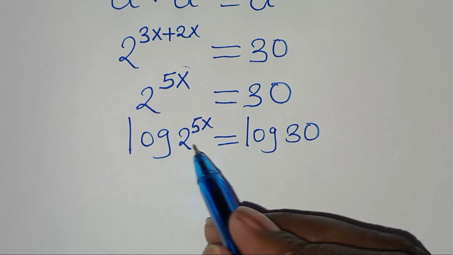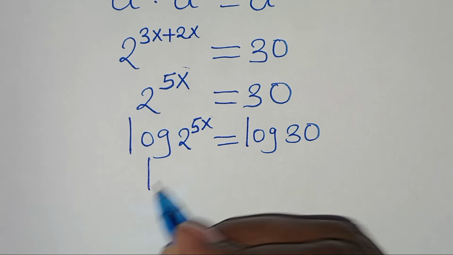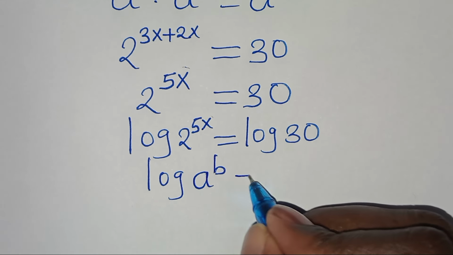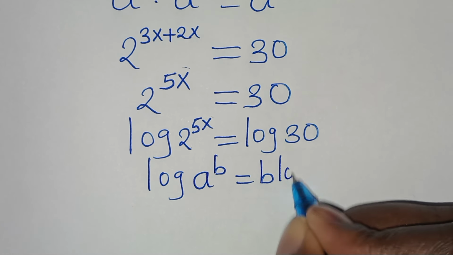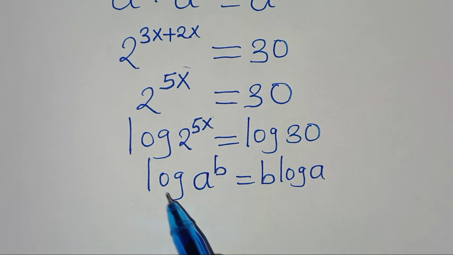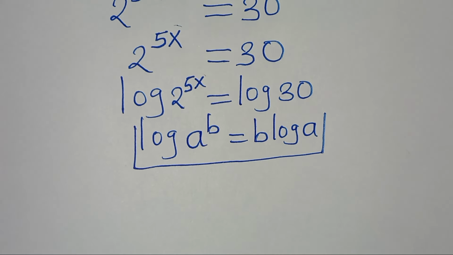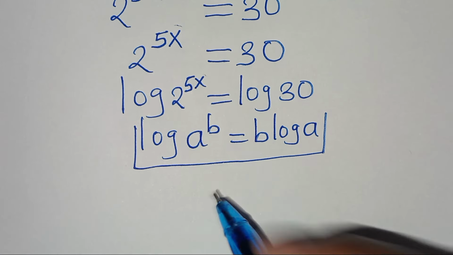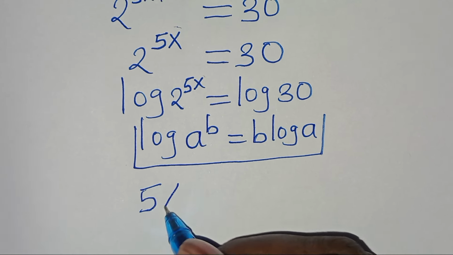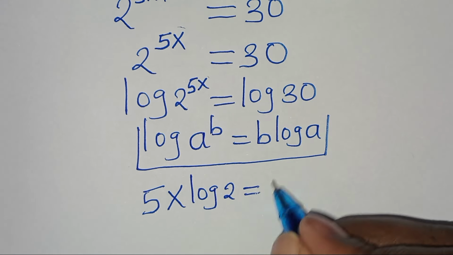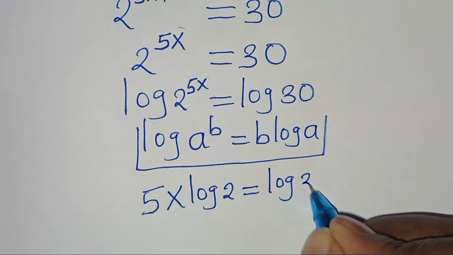Now, log 2 to the power of 5x, this is in the form of log a to the power of b, which can be expressed as b log a. Now, applying this logarithm property, then you find that log 2 to the power of 5x becomes 5x log 2. This is equal to log 30.